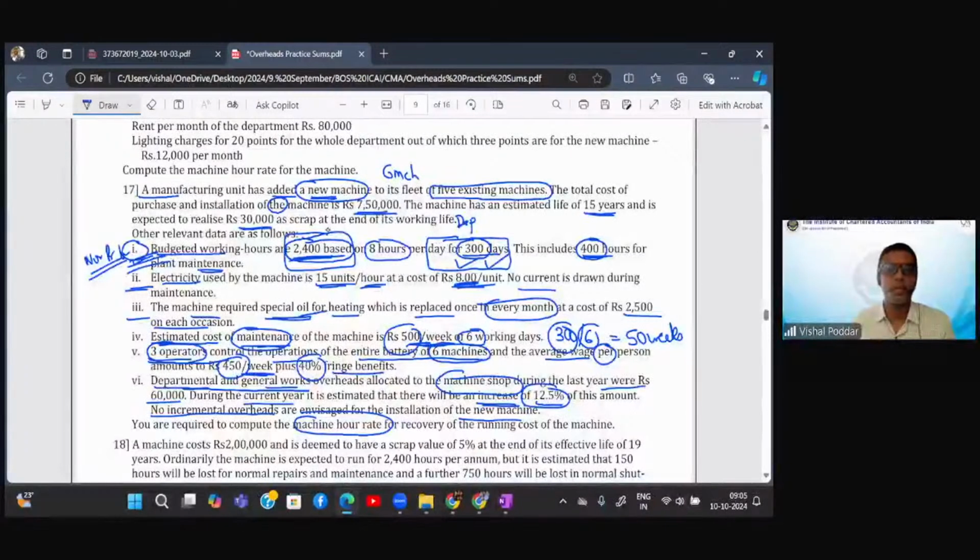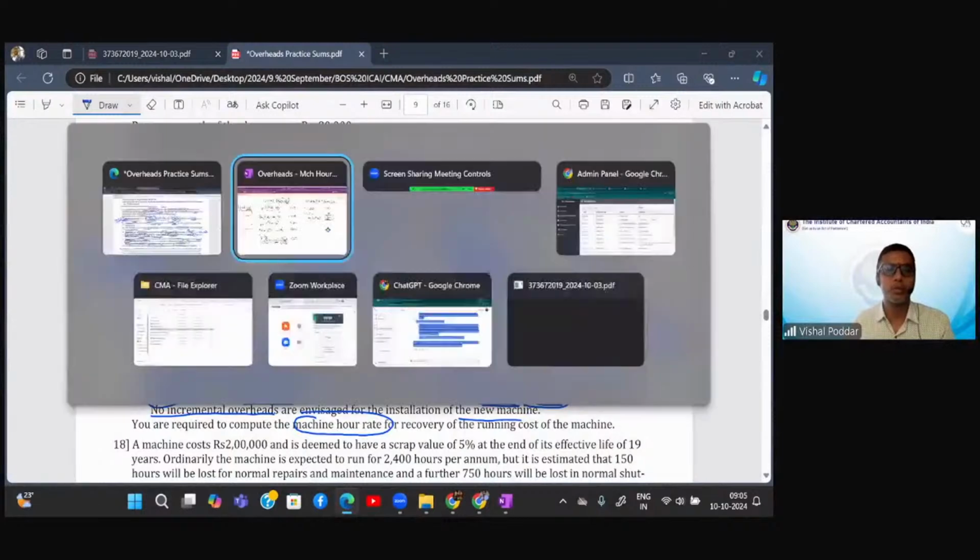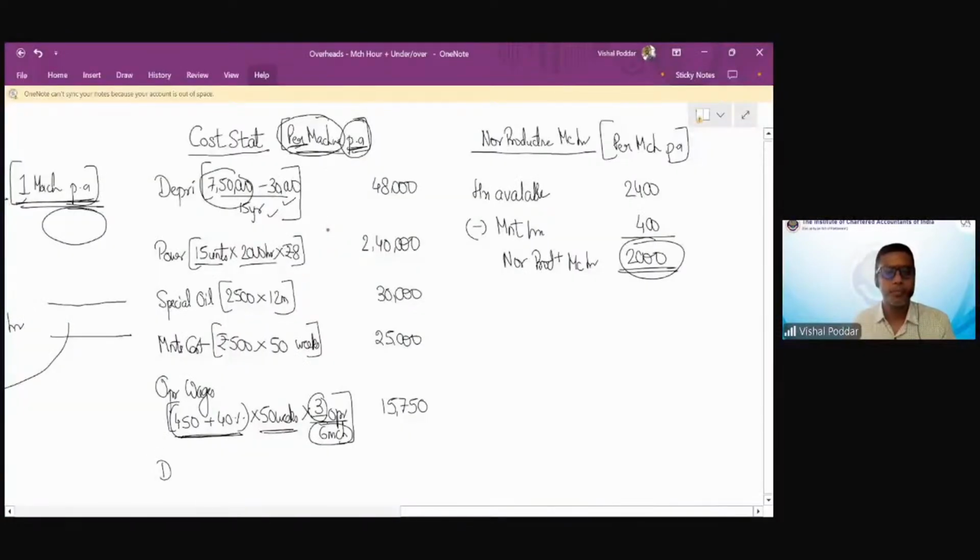Now last year, the overheads had come to 60,000. So departmental overheads last year 60,000 plus 12.5%. This is this year's increase, and this is for the whole department. So I divided by 6 machines, right?